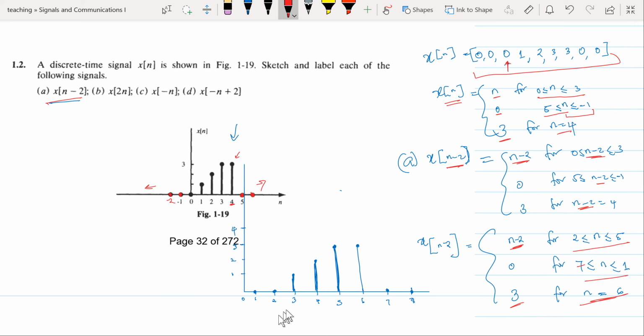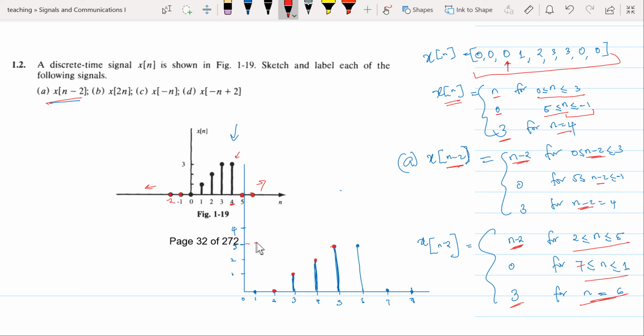So as you can see, for our first range 2 to 5, when n is equal to 2, our function will be n minus 2. So 2 minus 2 becomes 0, and therefore our function will be 0. Then 3 minus 2 is 1, 4 minus 2 gets us 2, and 5 minus 2 gives us 3.